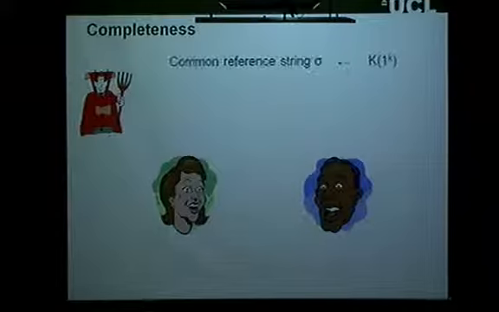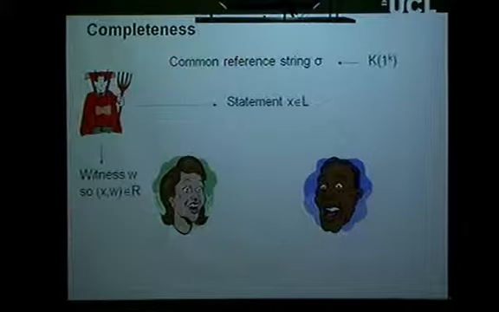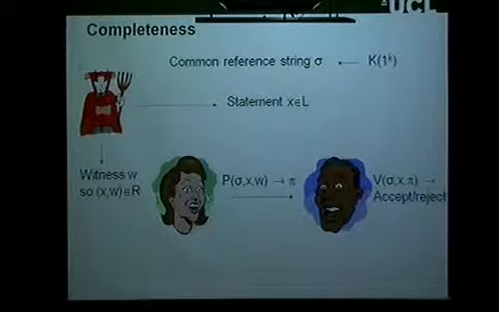So completeness is defined in the following way. We look at this experiment. So first we generate a common reference string, and then we let the adversary generate a statement and a witness. The prover runs the algorithm for generating the proof, and the verifier decides whether to accept or reject.